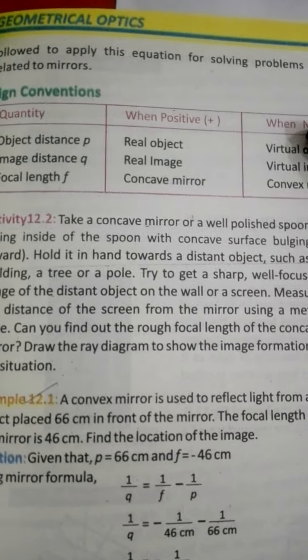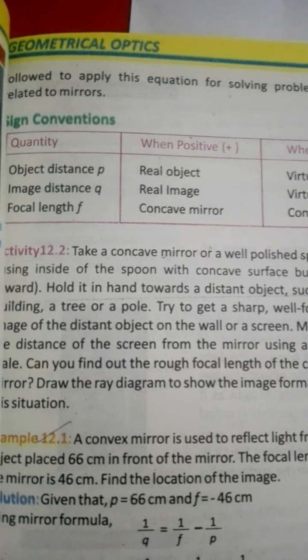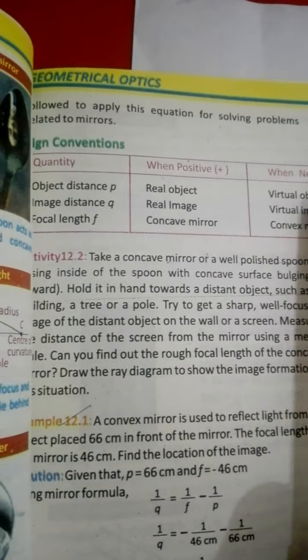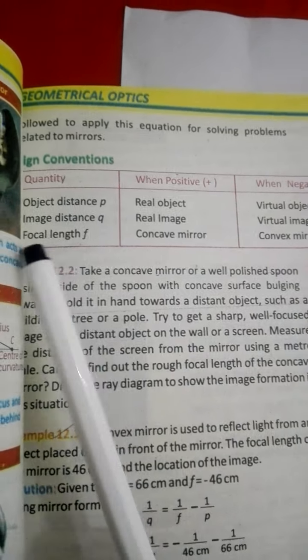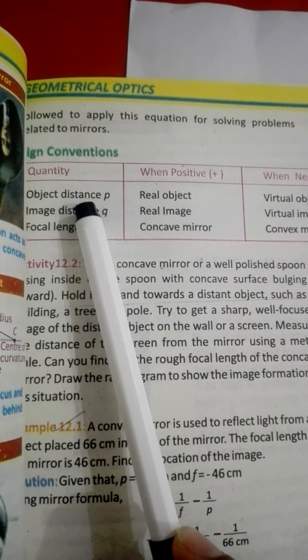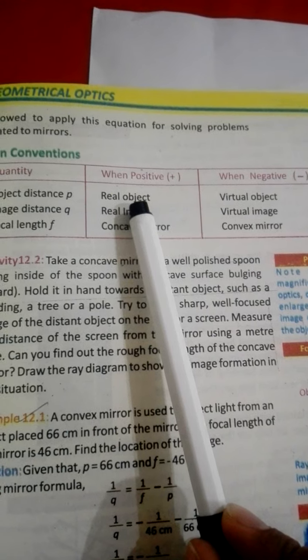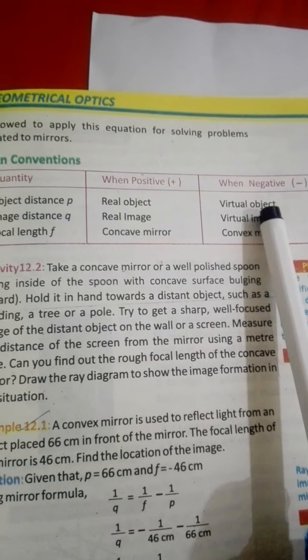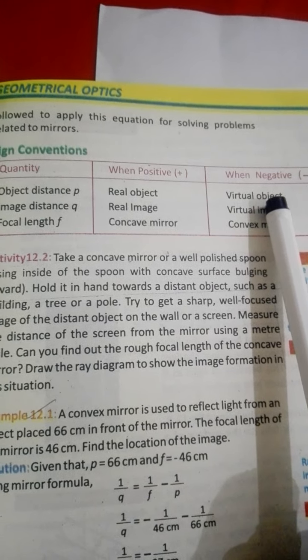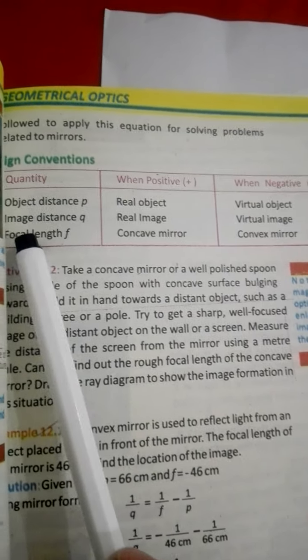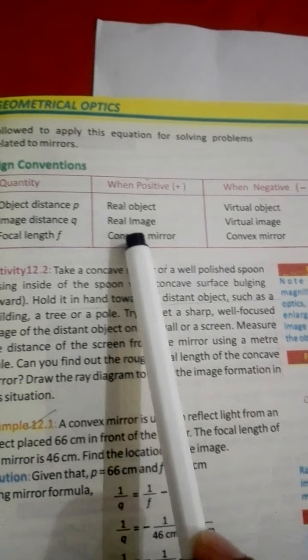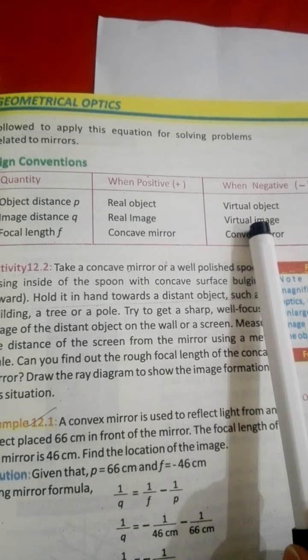Here are the sign conventions. For each quantity, what signs we have to use for positive and negative. Object distance p: positive for a real object and negative when the object is virtual. Image distance q: positive for a real image, negative for a virtual image.